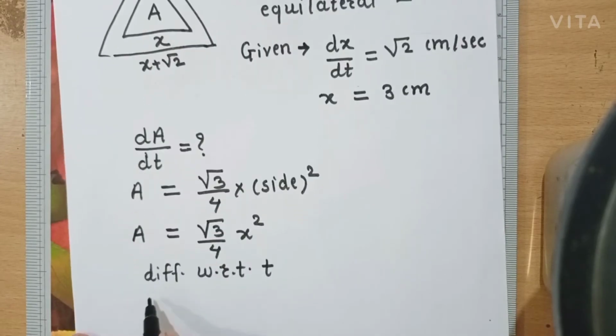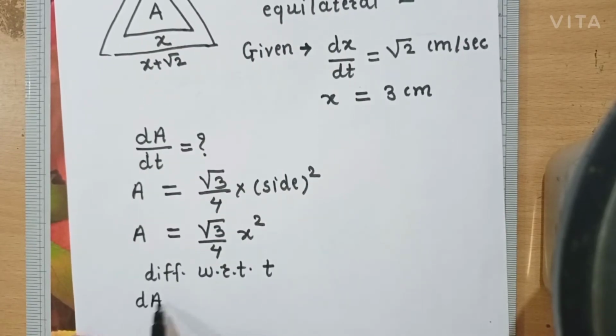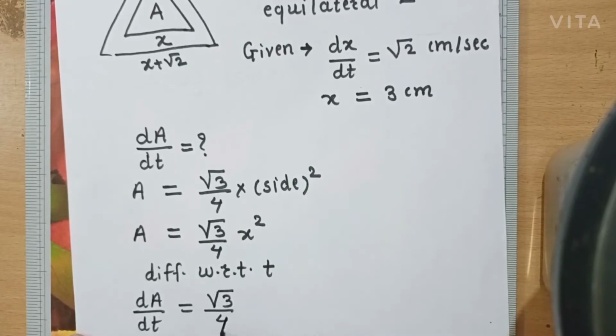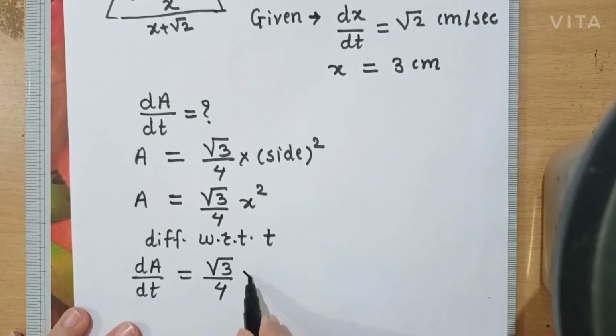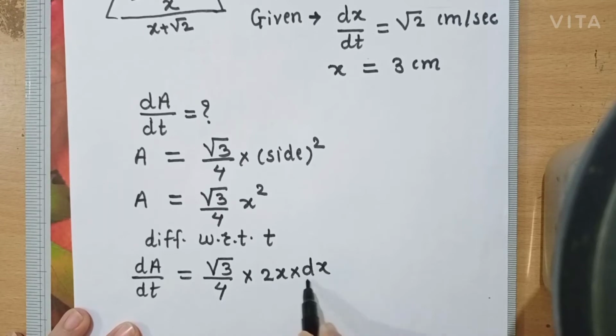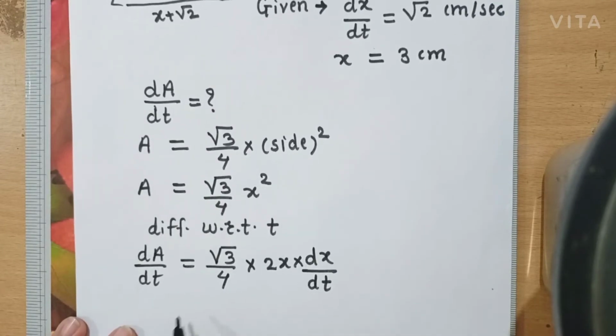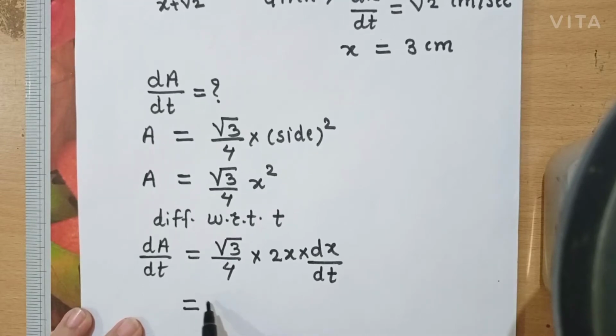So we have dA by dt is equal to root 3 upon 4, which is constant. The derivative of x square is 2x into dx by dt. Now substitute, and so that is equal to root 3 upon 4 into 2x.